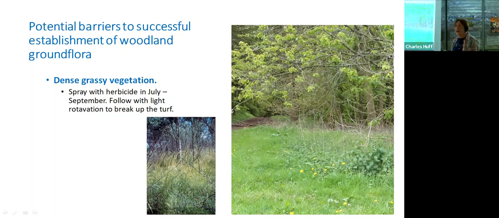It will slow down greatly your germination rates and the rate at which things will spread. So in any situation where you have got dense grassy vegetation on the edges of your woodlands or anything, it is a barrier, it is a problem. And you might need to think about, dare I say it, some herbicide.